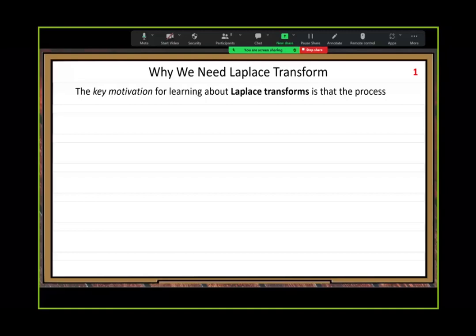The key motivation for learning about the Laplace transform is that the process of solving the ODE is simplified to an algebraic problem. This is the main reason we use it. Before you apply a Laplace transform, you solve the ODE directly. We learned all those techniques.